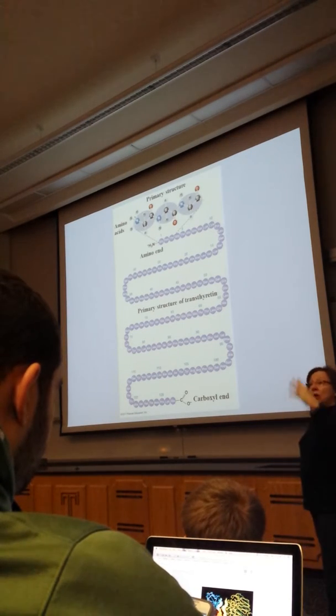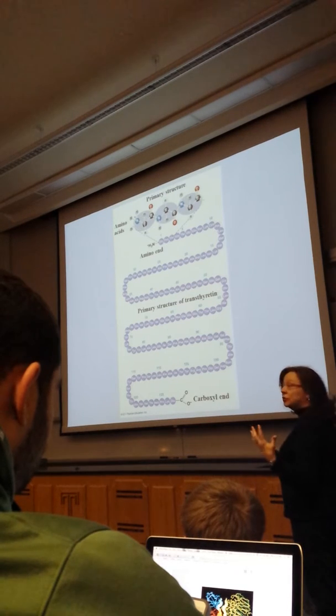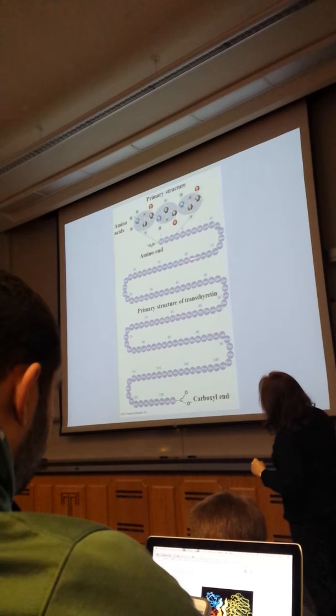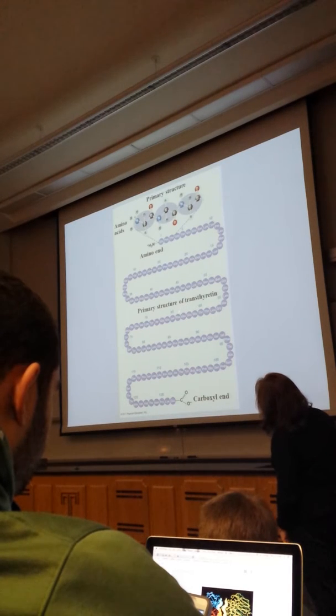Proteins have 4 levels of structure. The first, or primary, level of structure is the amino acid sequence itself. So you're looking here at an amino acid sequence of a protein called transthyretin.